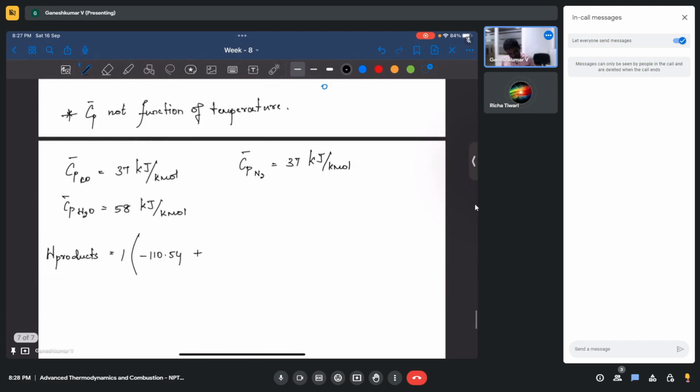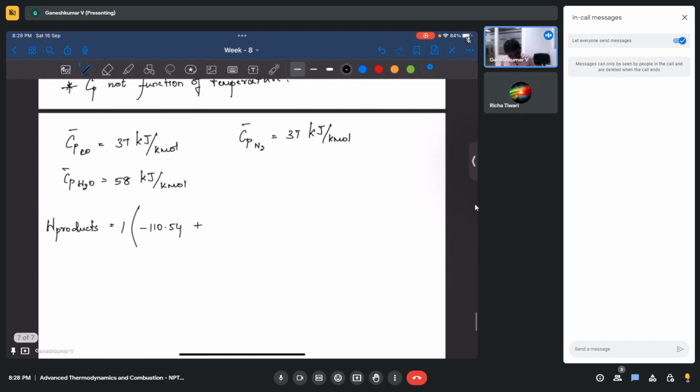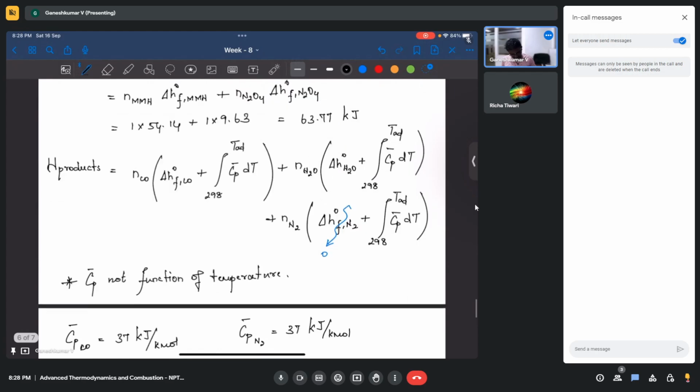Plus 37 times T adiabatic minus 298, plus H2O.